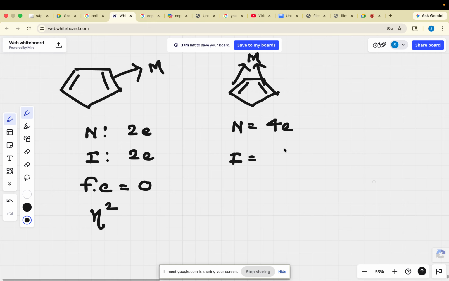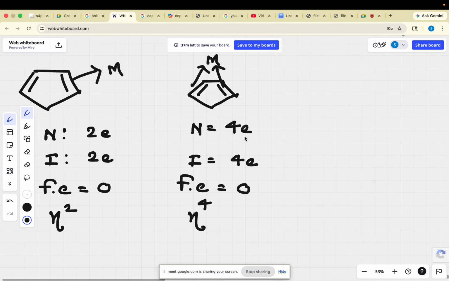So neutral method you have 4 electrons, ionic method also 4 electrons. Formal charge will be 0 and eta value will be 4, because here all the 4 centers are attached to your metal center.